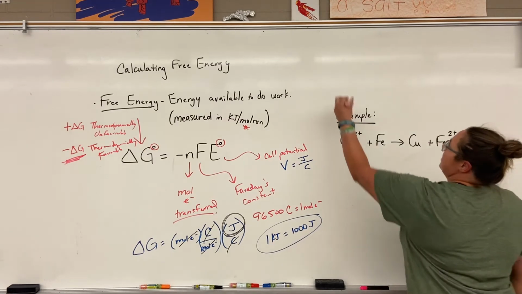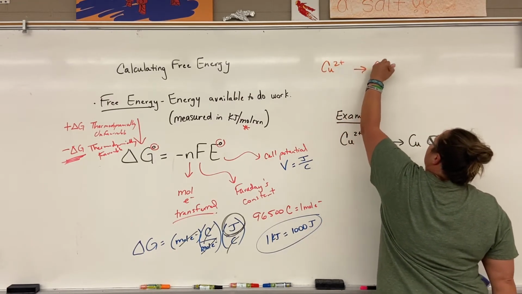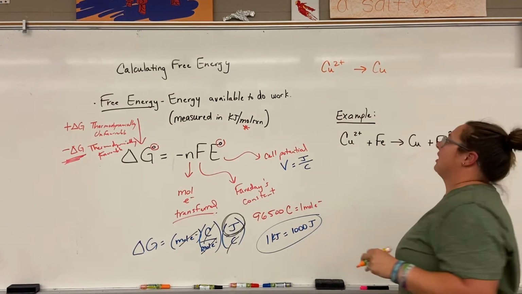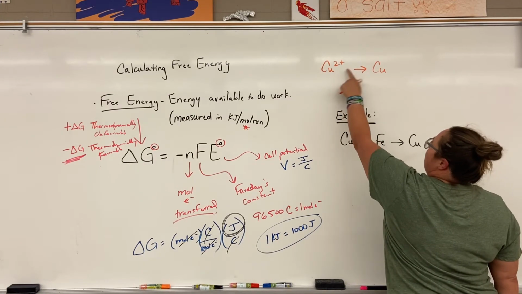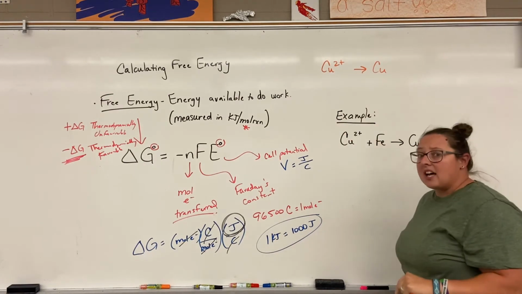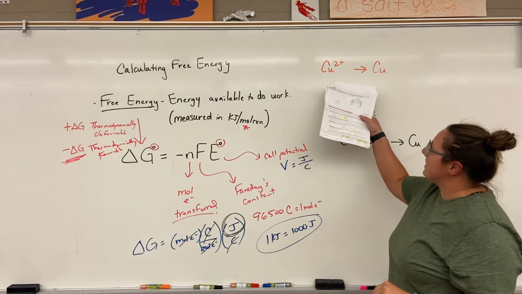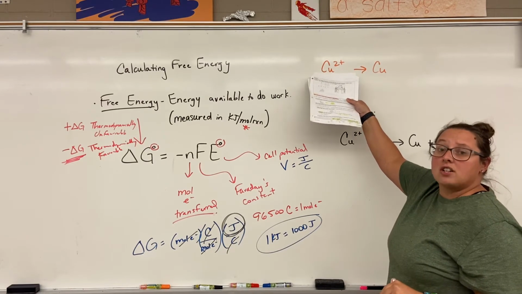So for Cu2+ going to Cu, I have this as my foundation for the half reaction, and I need to include 2 electrons, and the side that I include them on will tell me what is actually happening here. So I have to balance my charges here.